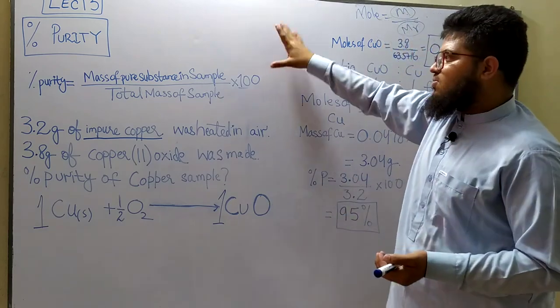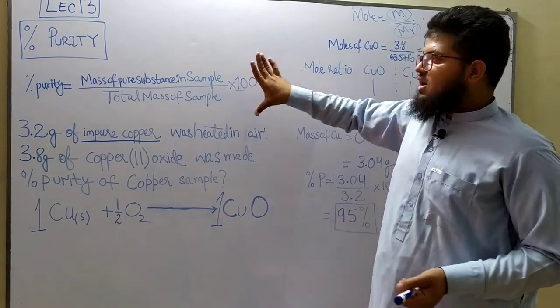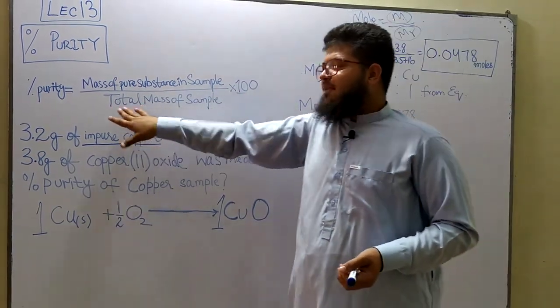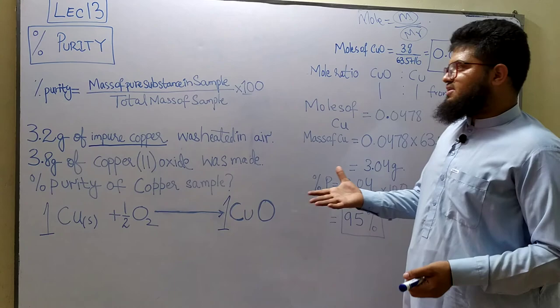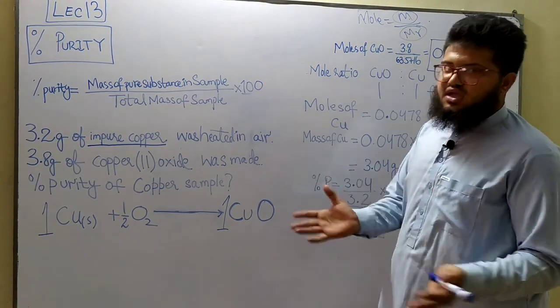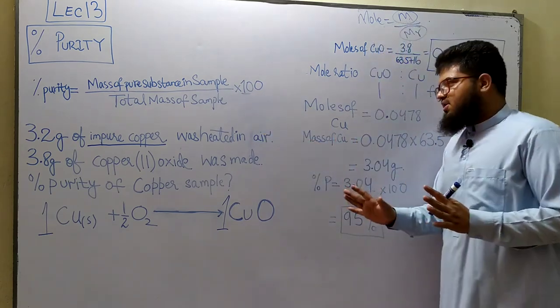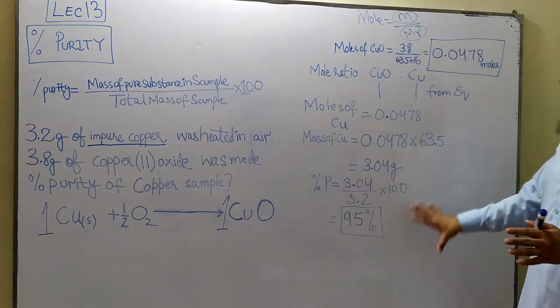So just ignore that formula. This is the only formula you need to remember, because the total moles of the sample can only be calculated if all the impurities are taken into account, and then you are given a final answer. But anyways, this is what you've gotten, okay.